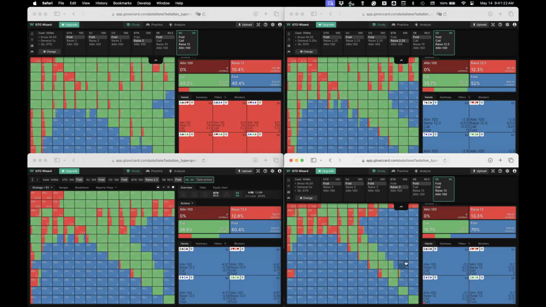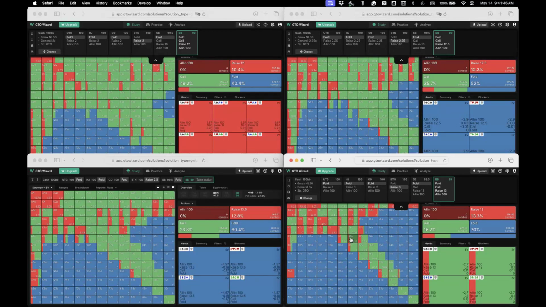This is tighter than big blind versus under the gun. These are all calls versus under the gun. 7-5 is pure. 6-5. I'll show it to you at some point. But this is ridiculously tighter than I've been playing it. I've been treating 3 big blind opens like 2.5s. It's going, oh, he opened.